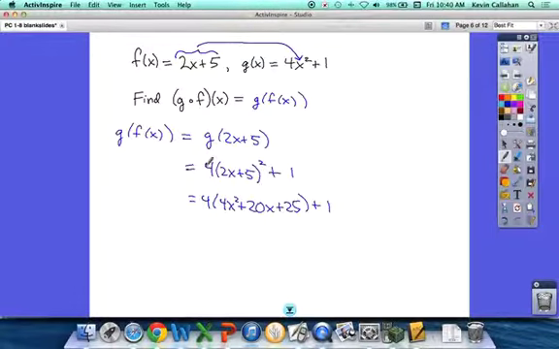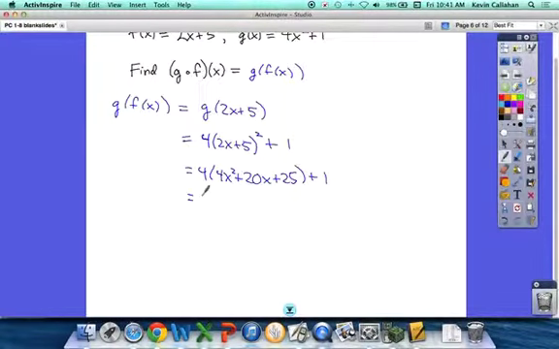Maybe this doesn't look like a 4. Okay, that is 16x squared plus 80x plus 100, which is 16x squared plus 80x plus 101.